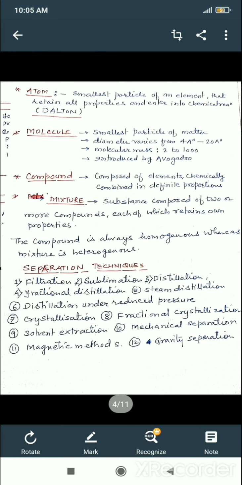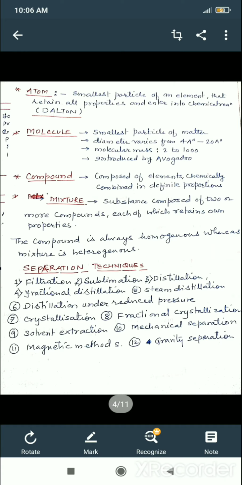In the second part, I revised things like atom, molecule, compound, mixture, and separation techniques. You know these very well, but I am only going to revise them. At a higher level of chemistry, in interviews or some exams, they ask very basic questions: define atom, define molecule, define compounds, define mixtures, what are the separation techniques, which separation technique you have used in the laboratory.